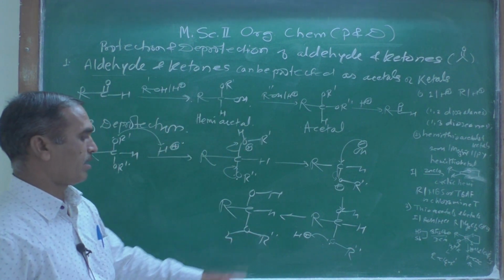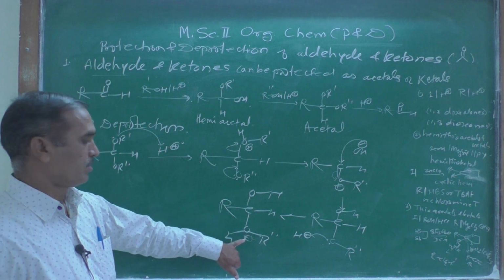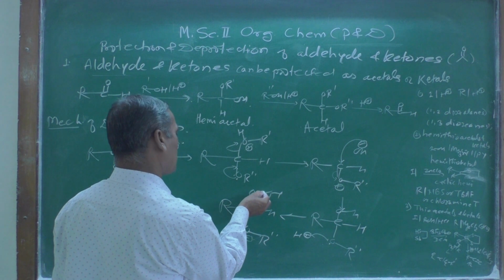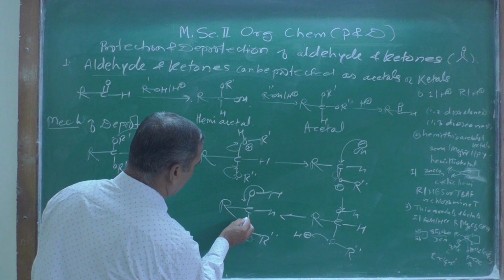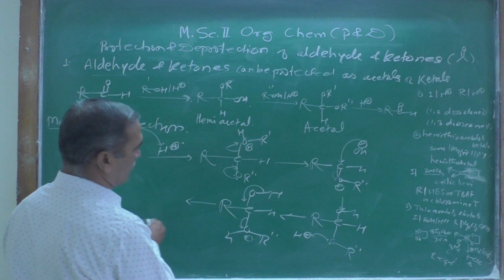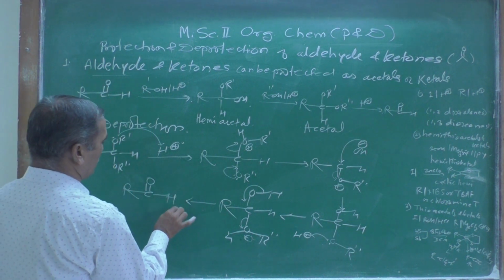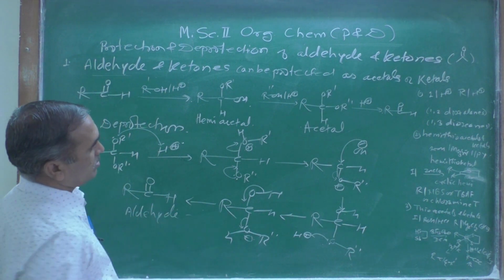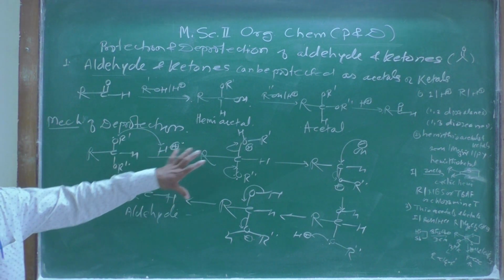Now here R double dash, then positive, as we know that the oxygen is carrying a positive charge, so this double bond is moving like this, forming a double bond over there, and this gets neutralized, or this is a leaving group, so that you are going to get R C double bond O and H. Aldehyde is back. Aldehyde. So this is the mechanism of deprotection, how it takes place.